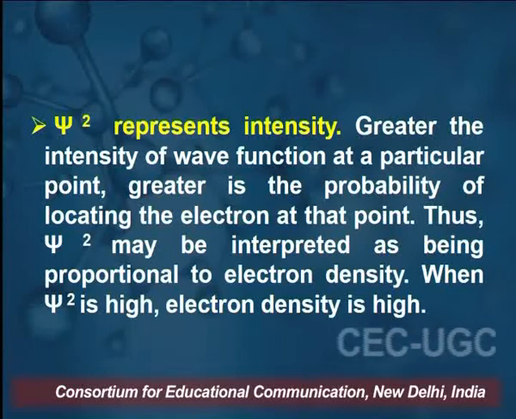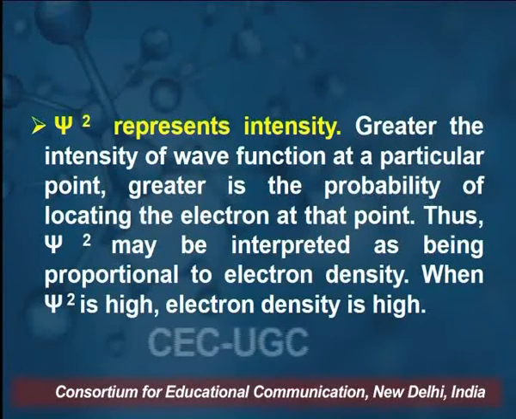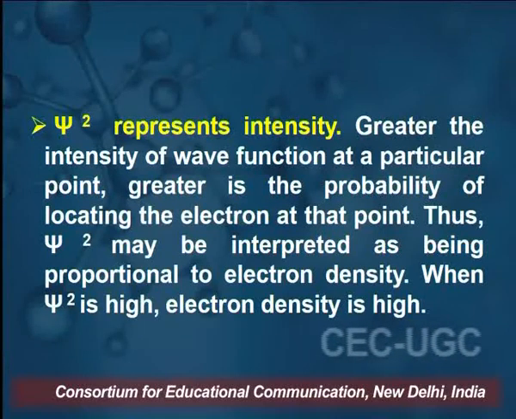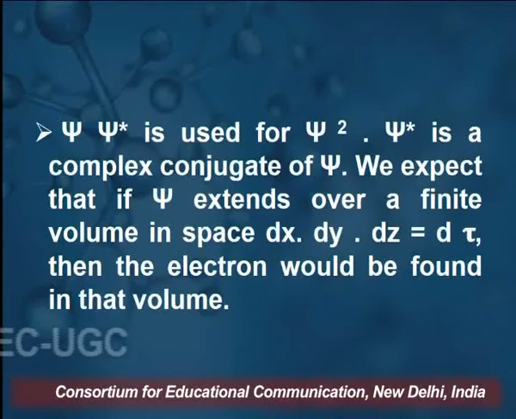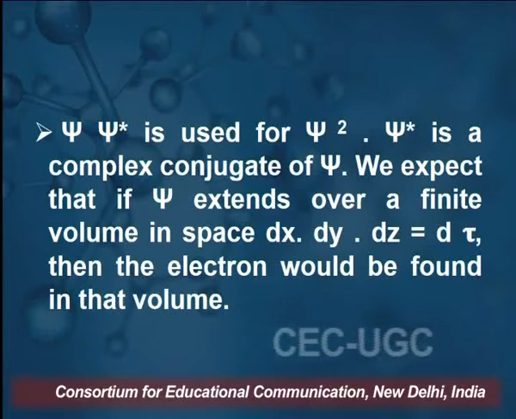Thus, psi square may be interpreted as being proportional to electron density. When psi square is high, electron density is also high. Psi star psi is used in place of psi square, where psi star is the complex conjugate of psi.